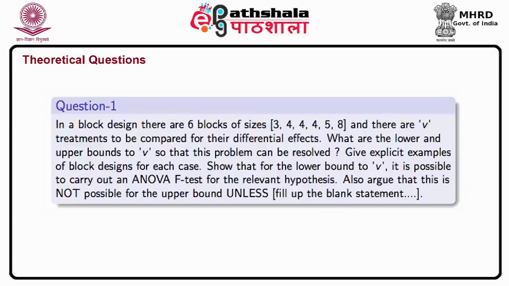For every choice of V, where you think that the problem can be resolved, you can generate a connected block design, give the solution. V equal to this, it exists, here is the solution, etc., like that. You have to do it for all possible choices of V that are admissible. So that for the lower bound to V, it is possible to carry out an ANOVA test for the relevant hypothesis.